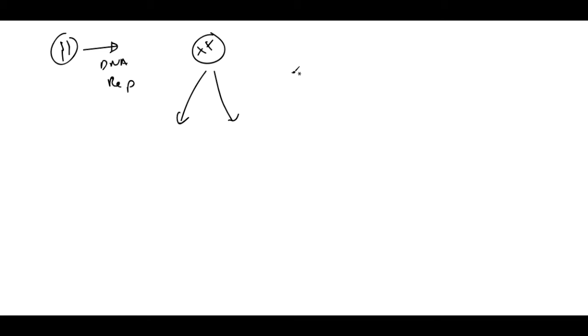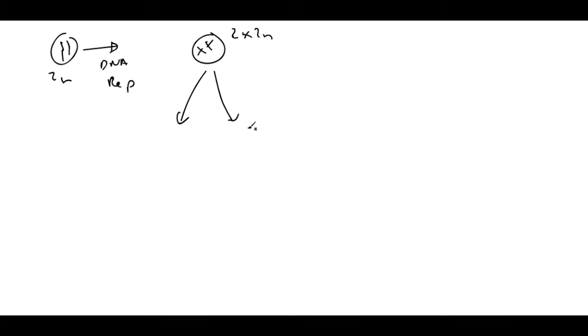So you've got your cell, goes through DNA replication. Got one chromosome, better draw the pairs. It's now got twice as much stuff. So that's a 2N. It's now 2 times 2N.